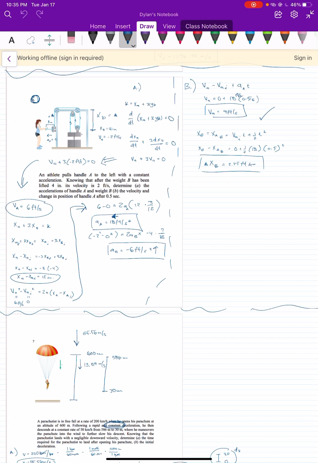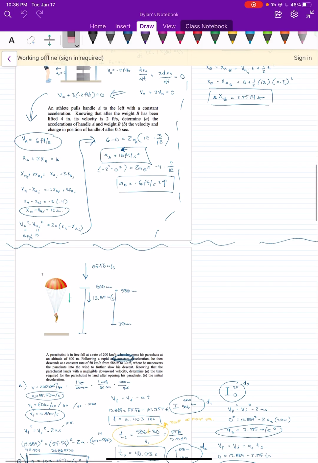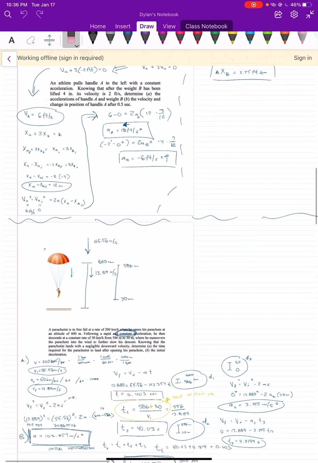I took the derivative of that and plugged in all of my known values to ultimately get the velocity, or change in acceleration and change in velocity, and how far the handle actually moved. But that one was pretty straightforward. Number 14 is similar to that. I have not done 14.